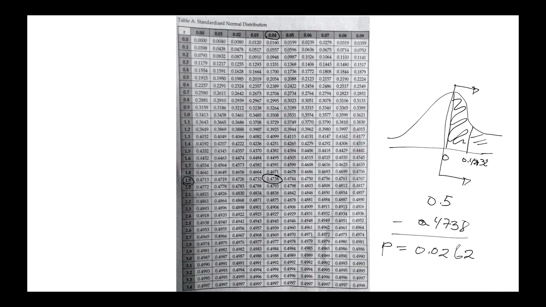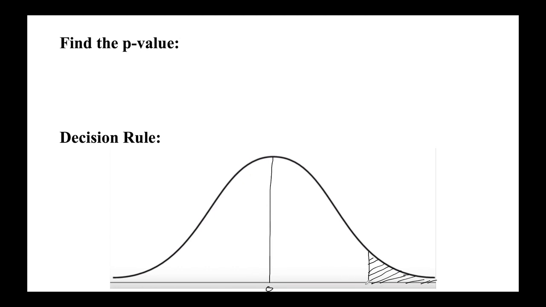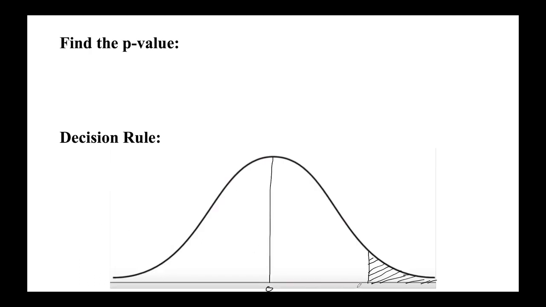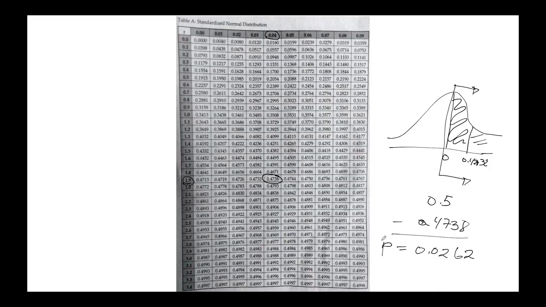0.0262. Okay? So, itong critical value na nilagay ko dito, ang value nito actually is yung level of significance, which is itong 0.01. So, let's write a label here, 0.01. Ito yung area na sakop niya, papunta doon. Area na sakop ng alpha natin, 0.01. Now, yung na-compute natin na p-value, which is 0.0262.